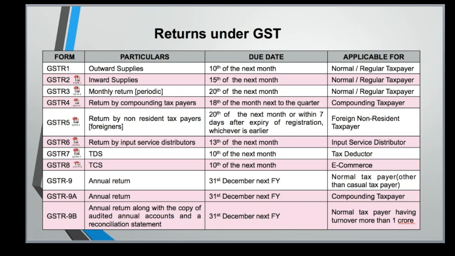Because it is RCM, you have to compulsorily pay the same through challan. So for July, you will pay the challan maybe on 19th of August for RCM also. And when you pay the challan under RCM, on that day you become eligible for the credit that you had booked under receivable. So from the receivable ledger, you will transfer the same to the normal ITC ledger, and only then will you be allowed the credit of the same.